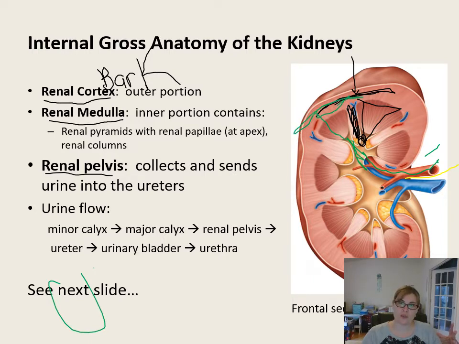And in the cortex, we have it's actually a million different structures called nephrons. Okay, so here's our nephrons, and the nephrons filter the blood, and the stuff that has to leave our bloodstream is going to go through these pyramids, and it's going to enter into this region, and then it's going to drain into this region, and then it's going to drain down the ureter.